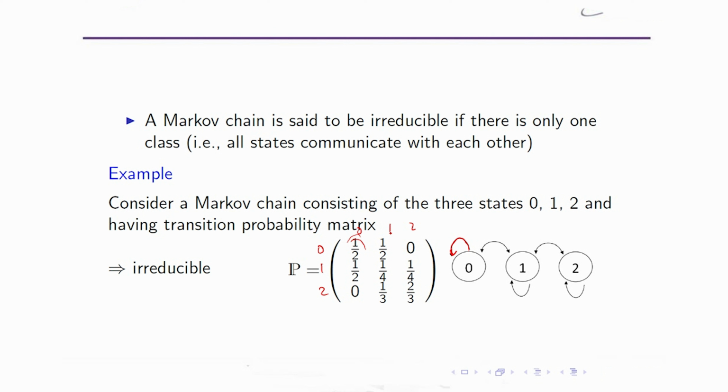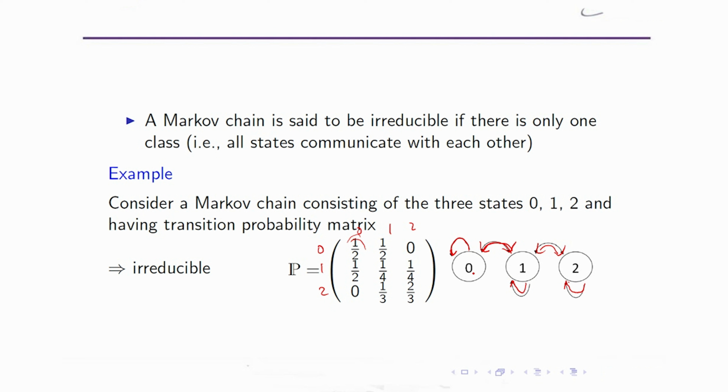And 0 can go to 1. And 1 can go to 0, the other way around. And 1 can go back to itself, and 1 can go to 2. Then 2 can go to 1, and 2 can go to 2.